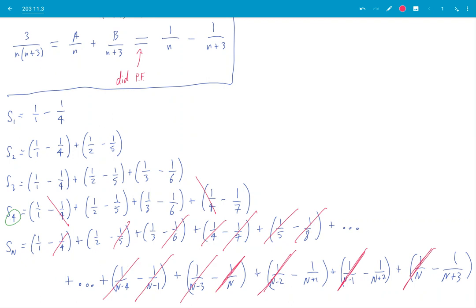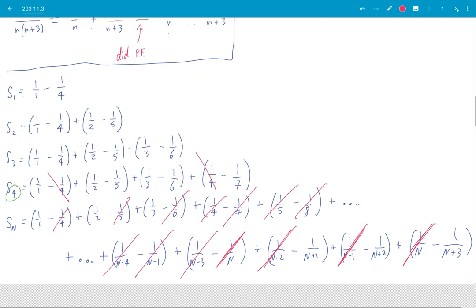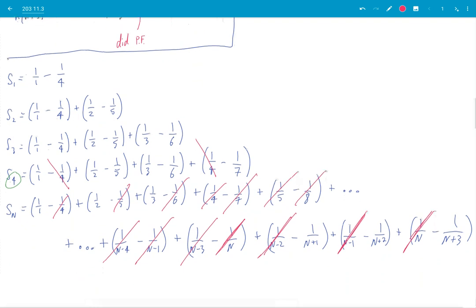This will disappear. So what survives? Sn is the 1 over 1 plus 1 over 2 plus 1 over 3 from the beginning of the sum that survive. Then at the end, you have 3 things surviving.